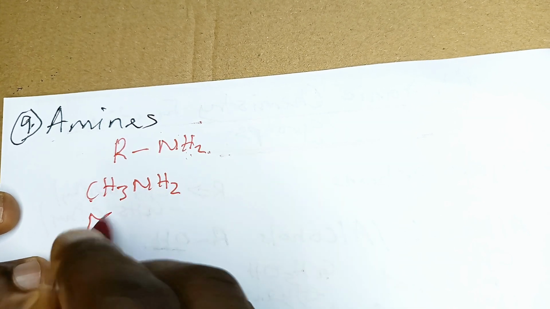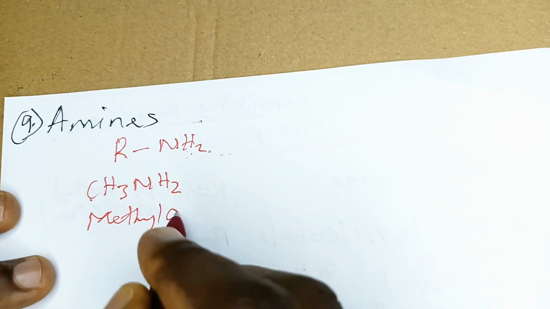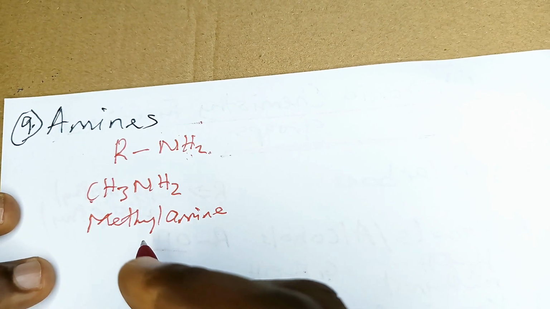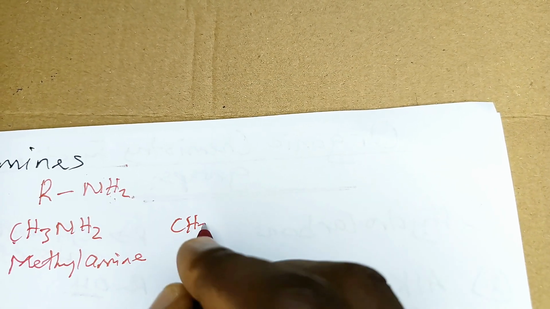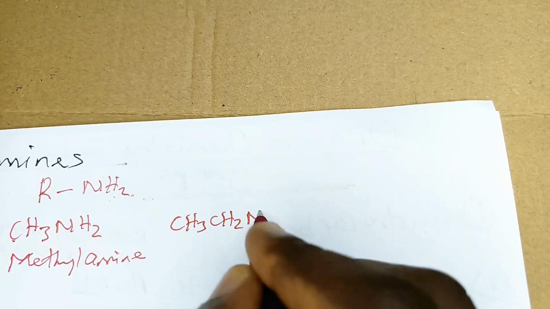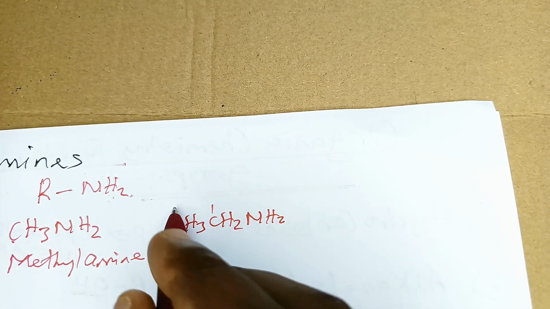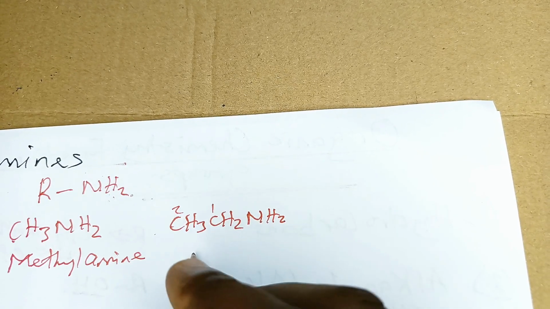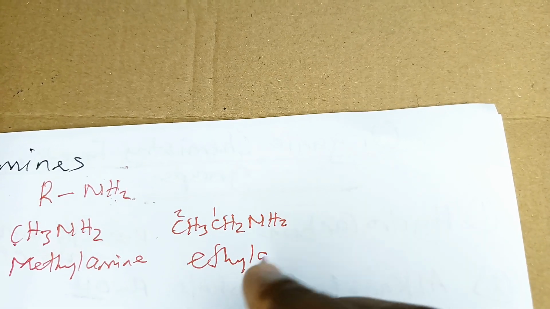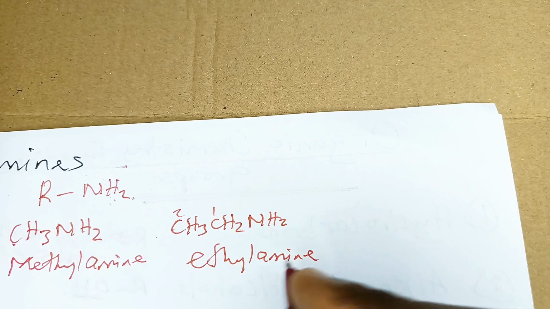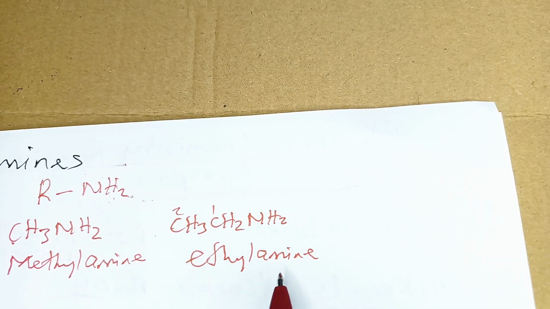So it is called methylamine. That's how we name it, methylamine. If you have another example, if you have CH3, CH2, NH2, this is 1, 2. There are two carbons. So this is called ethylamine. And it goes on and on like that.